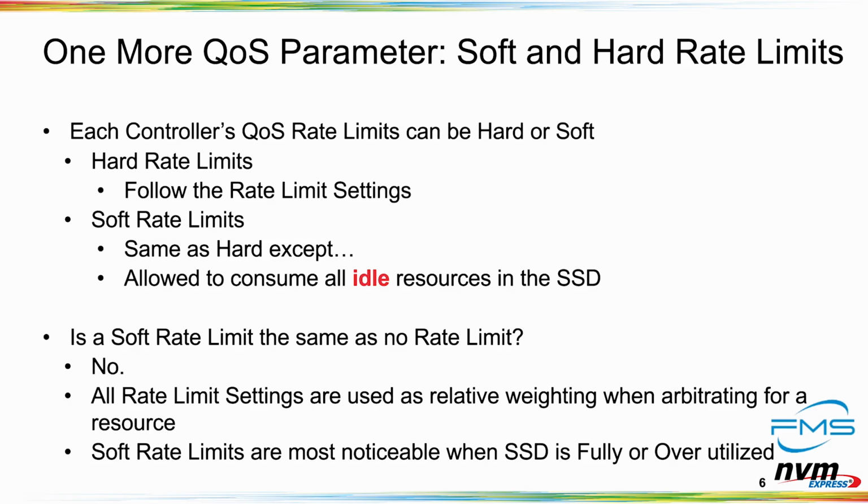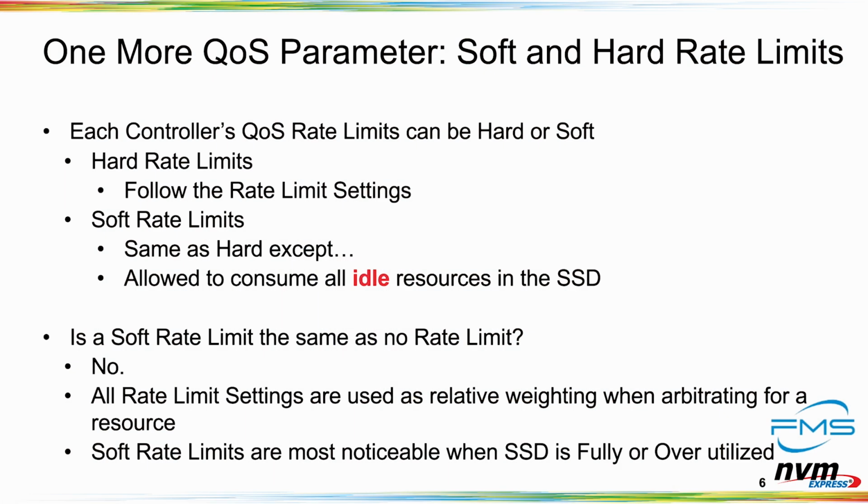Part of the reason is that the settings on that soft rate limit controller are going to have relative weighting. So when there's an SSD with many different resources, and one particular resource is in contention, with two different controllers getting access to it for their stored data, then there's that weighting that is compared for the hard versus the soft, and the win rate could be approximated through that weighting comparison.